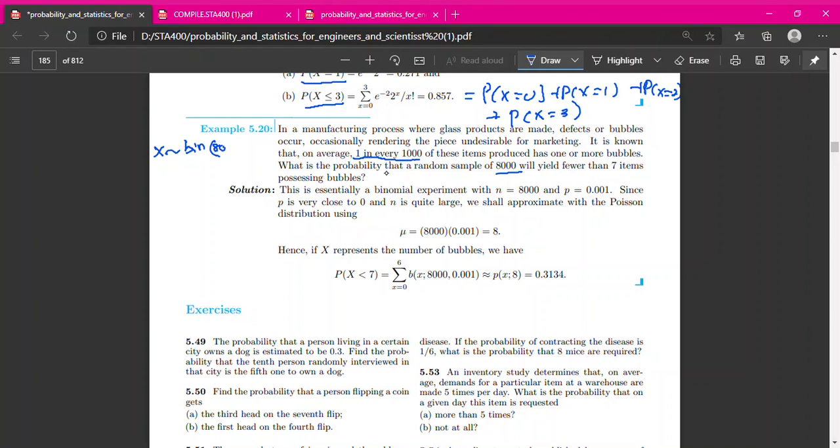Okay, so kita boleh tulis kat sini n-nya 8,000, p-nya 0.001. Okay, so because of the condition when n is large, n is more than 30 dan p is small, you kena approximate lah. Sama ada approximate kepada Poisson ataupun approximate kepada normal satu lagi nanti.